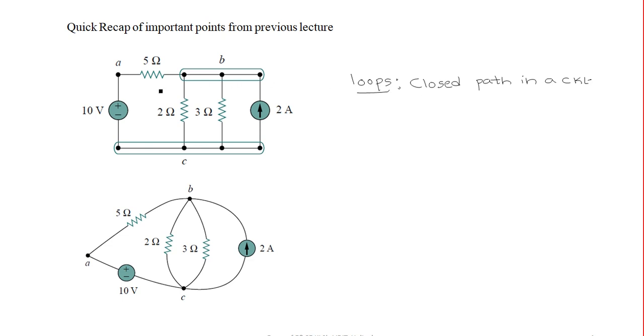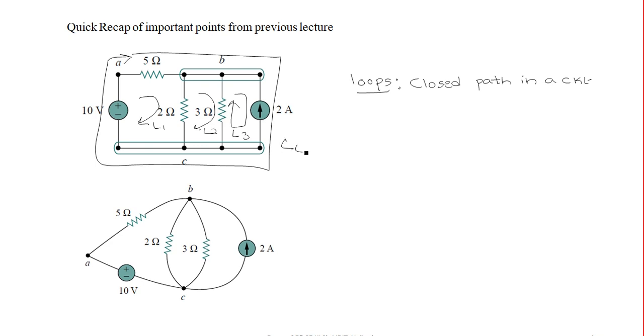Here we have many loops. Basically the visible loops are these: I can consider this as loop 1, this one as loop 2, this one as loop 3, and also an outer loop.